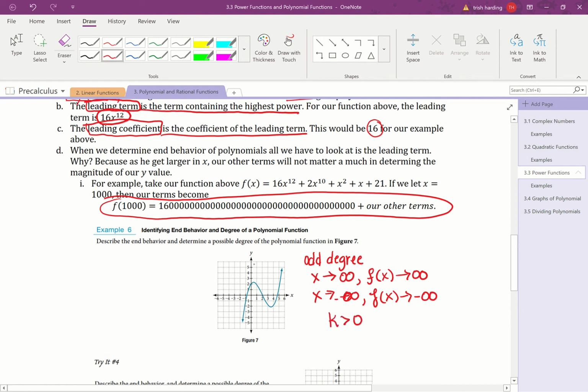If it were less than 0, we would see this flipped like this. But it's not. So we can say with certainty that our k is going to be positive. So when it says describe the end behavior, that's what I just did here.